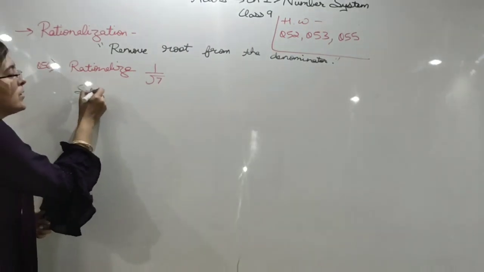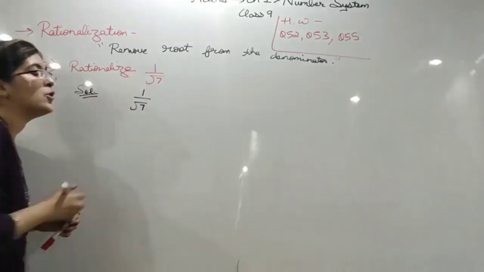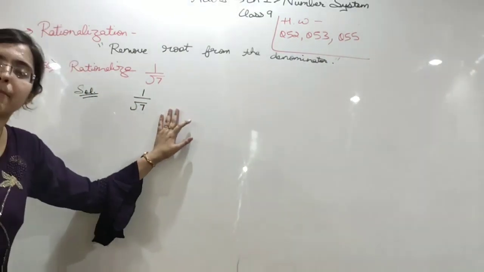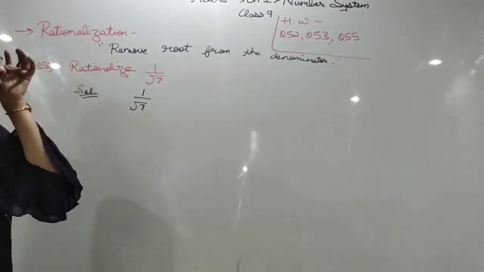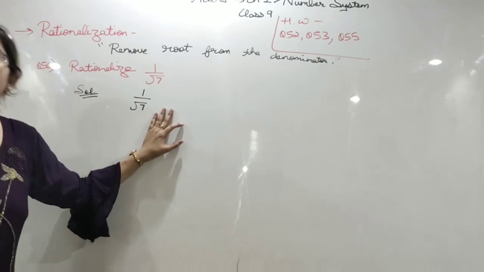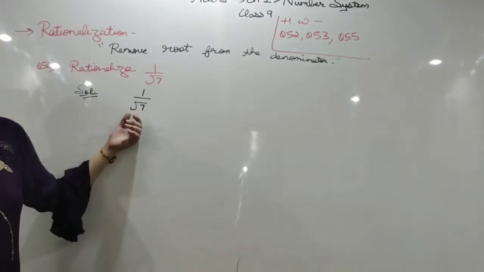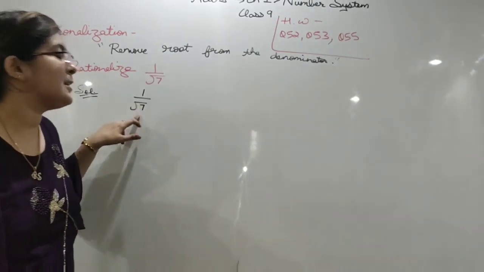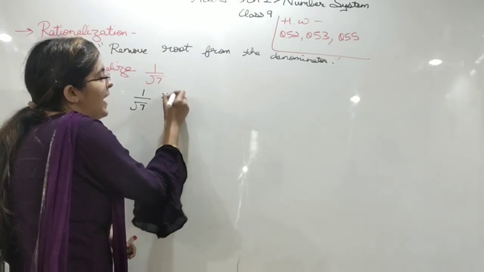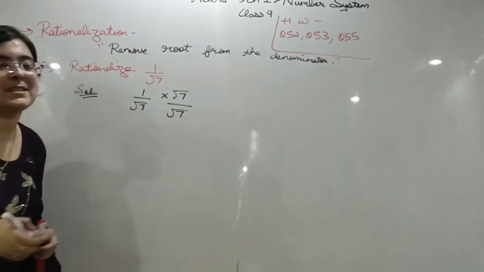So to rationalize 1 upon root 7, you have to multiply and divide it by the same number. Now with which number you will multiply? Since your denominator is root 7, we will multiply it by root 7 and divide it by root 7.